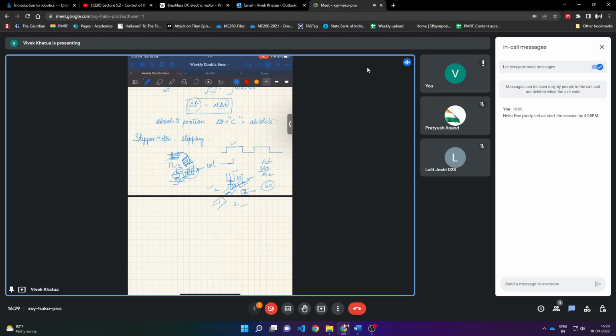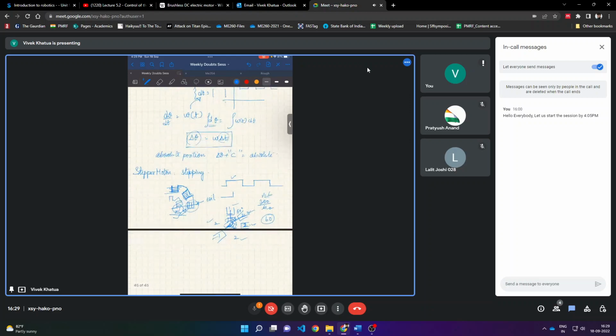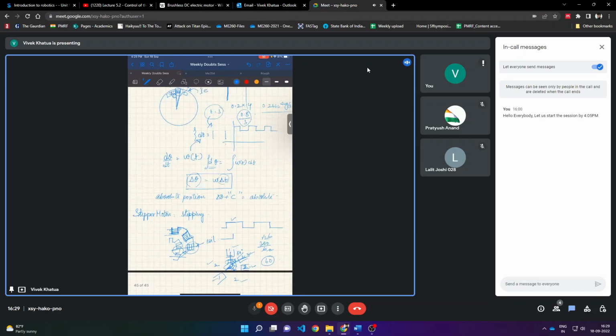Then when I switch coil 1, again this will come here, and then it will keep switching. Once I have given some momentum to this, it is easier to switch and maintain a direction of rotation. So this is the concept for the stepper motor.